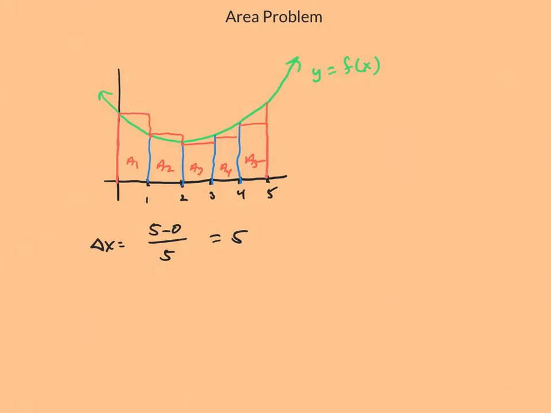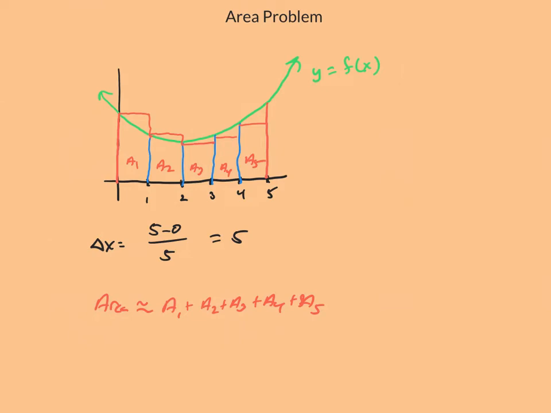I can say the area is about equal to A1 plus A2 plus A3 plus A4 plus A5. I could just add those 5 areas up, and that would give me a decent approximation for the area between the curve and the x-axis.